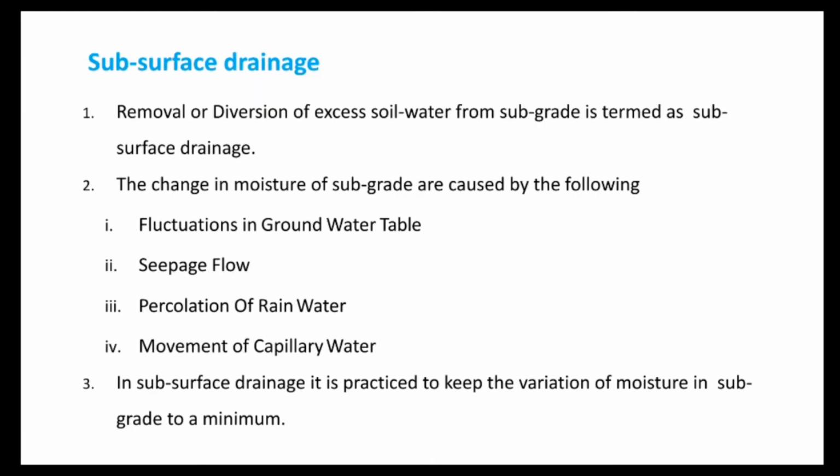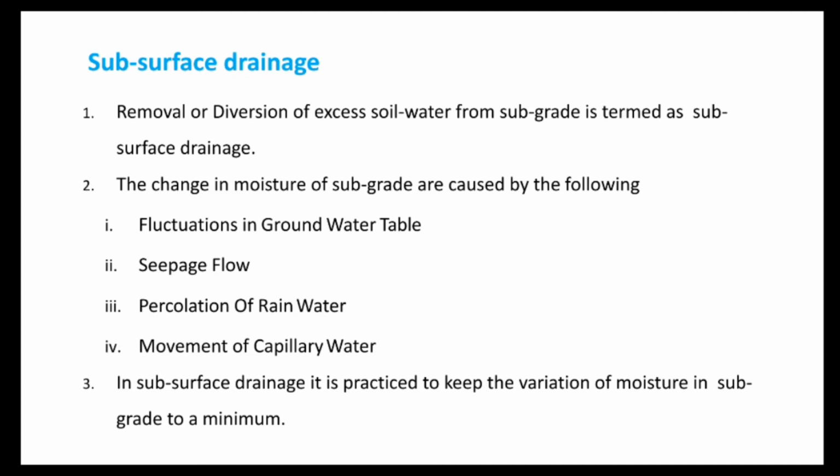Now the subsurface drainage. Subsurface drainage is an attempt to keep the variation of the moisture in the subgrade soil to a minimum level. And the changes in the moisture of the subgrade are caused by the following methods.